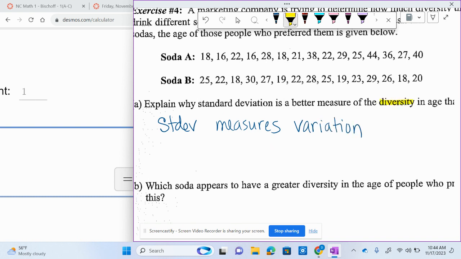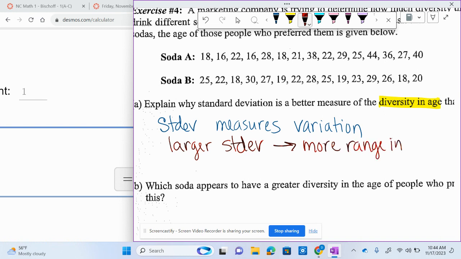So if we're looking for a diverse age group, that just means that the larger the standard deviation, the more range in my age group. You don't want to create a soda that only appeals to people from the ages of 15 to 20. You want your soda to appeal to all different types of ages.